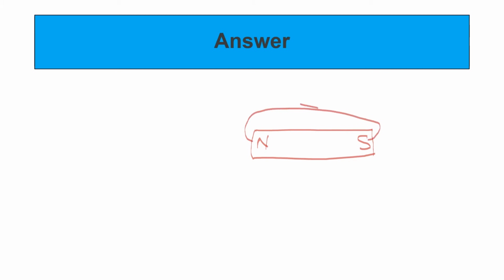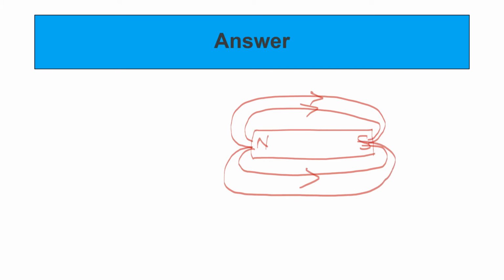The magnetic field lines are always from the north pole to the south pole of the magnet. Towards the pole, the field will be more. The arrow mark is always from the north to the south.